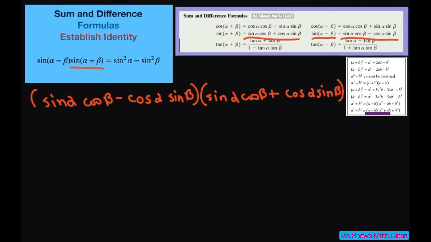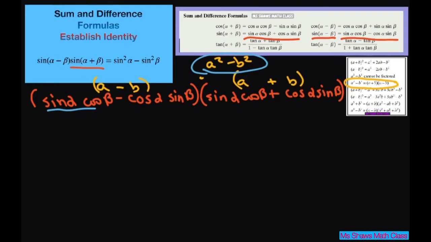All right. It has this form here, difference of squares. So basically what we have is a minus b times a plus b, and that just equals a squared minus b squared. So that's all I'm going to do. I'm going to write it this way.